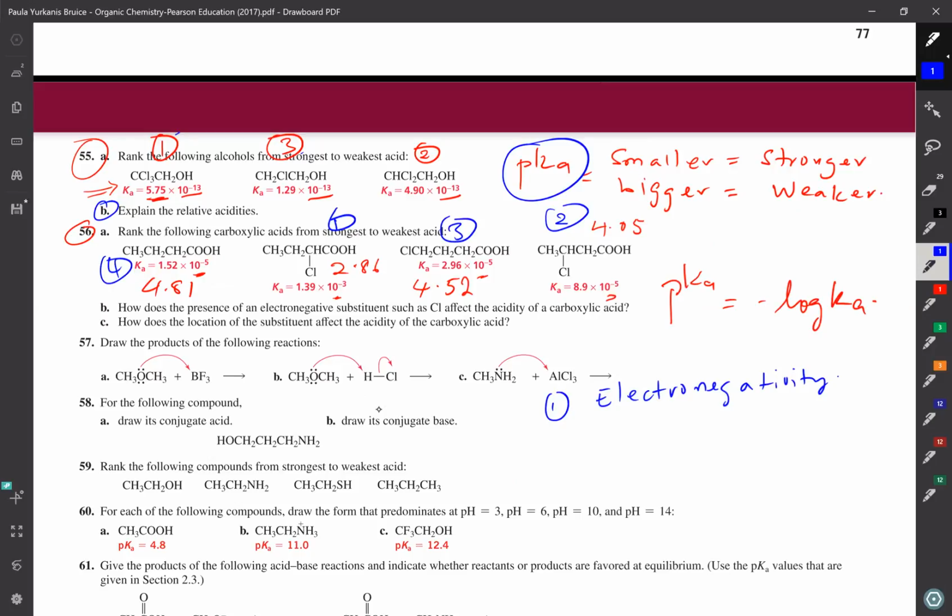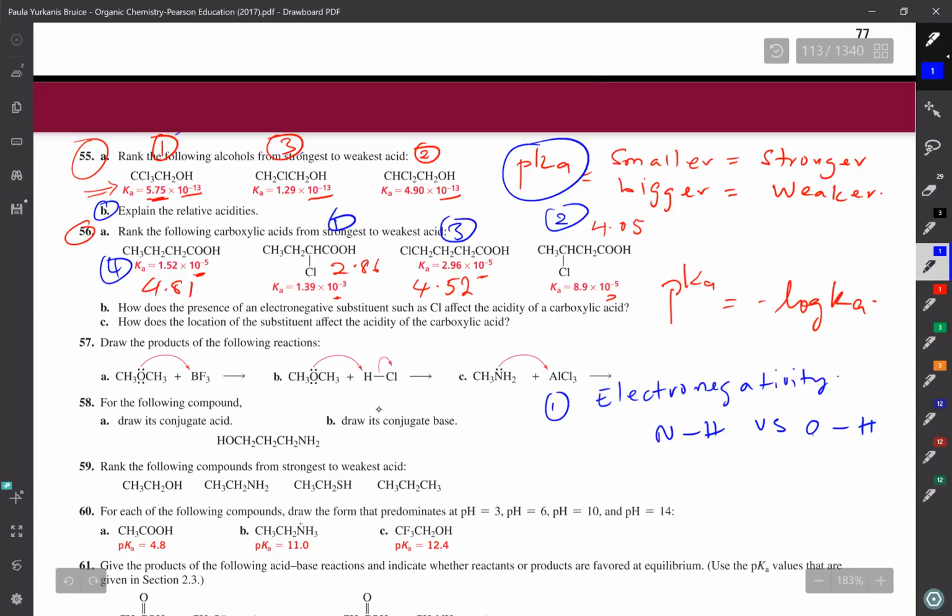Meaning that if I have, for example, an NH versus an OH, I want to compare these two here. Which of these hydrogens is more acidic? The first question you need to ask yourself, between nitrogen and oxygen, which one is more electronegative?